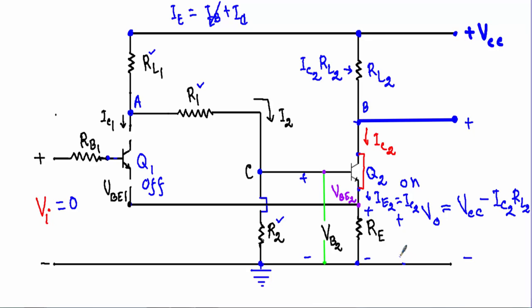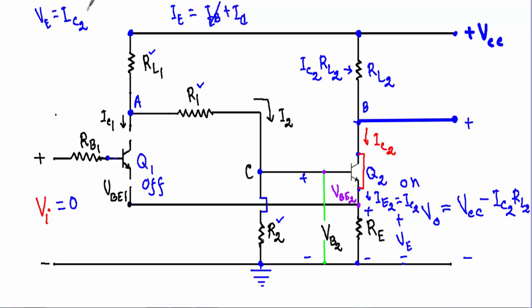This terminal will be positive and this terminal will be negative as the current is entering from this direction, and I will denote that voltage with VE, and the value of this VE will be equal to IE2, as the IE2 and IC2 are equal.